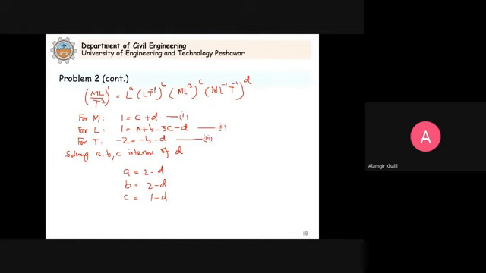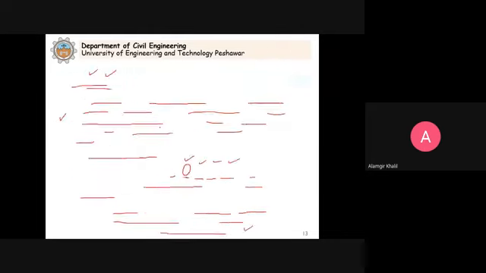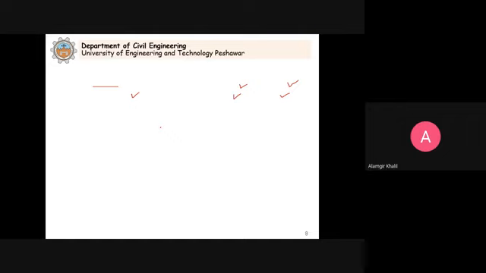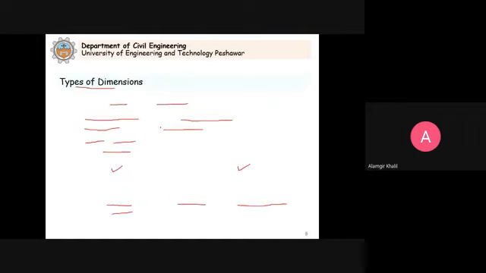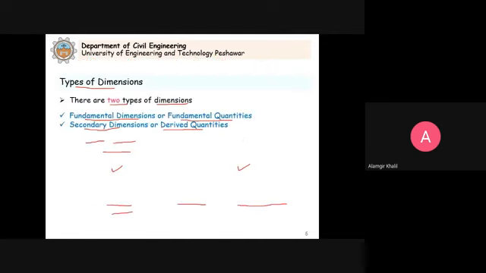So let's say in any fluid phenomenon we have 10 variables, 20 variables, then it becomes very difficult to solve the problem using the Rayleigh method. Clear? Then it becomes very difficult to apply this Rayleigh procedure.